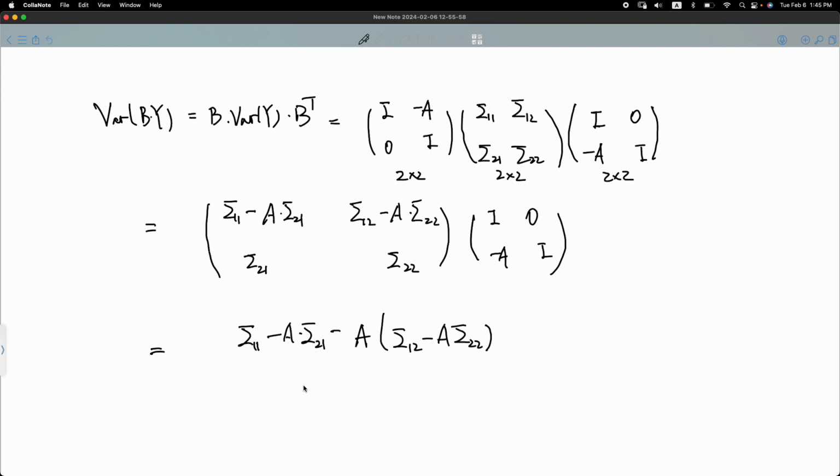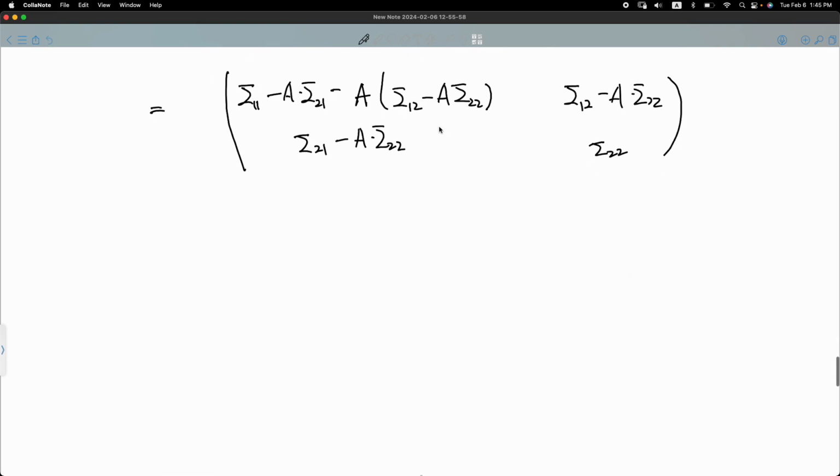And then sigma 2 1 minus A sigma 2 2. That's the first one. The first column multiplied by the row, and then 0 plus identity multiplied by that, minus A sigma 2 2, and this is sigma 2 2. Then maybe we can make the substitution.